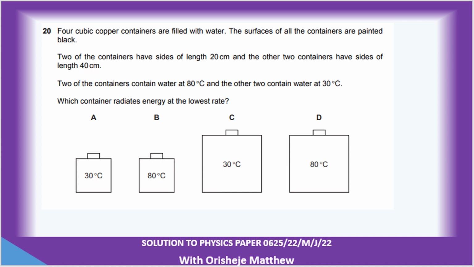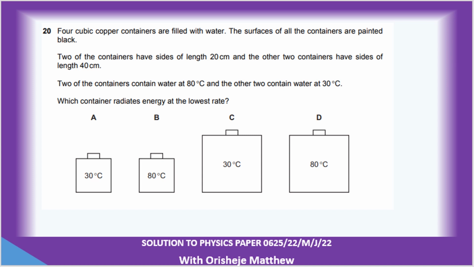Two of the containers contain water at 60 degrees and the other two at 30 degrees. Which container radiates energy at the lowest rate?